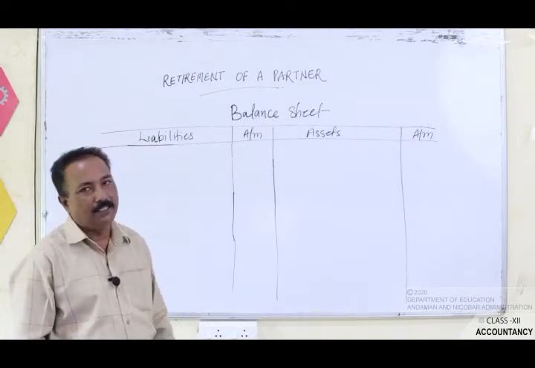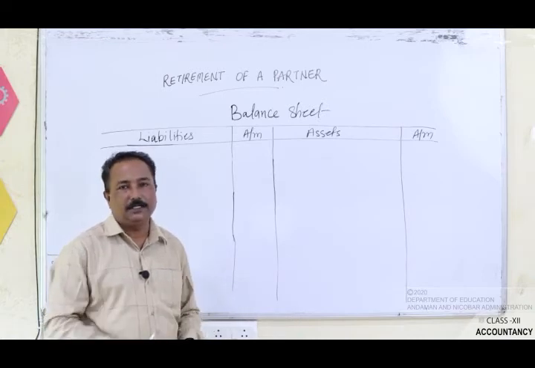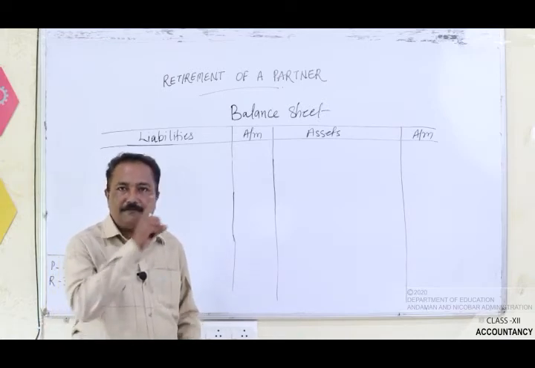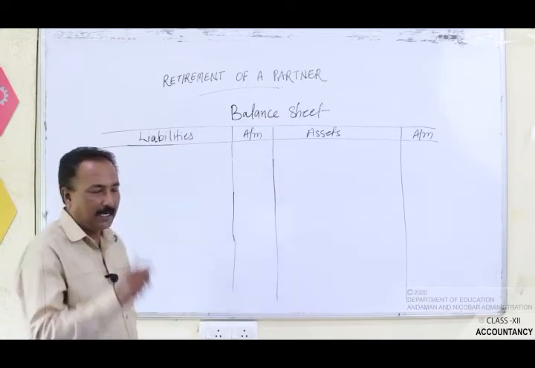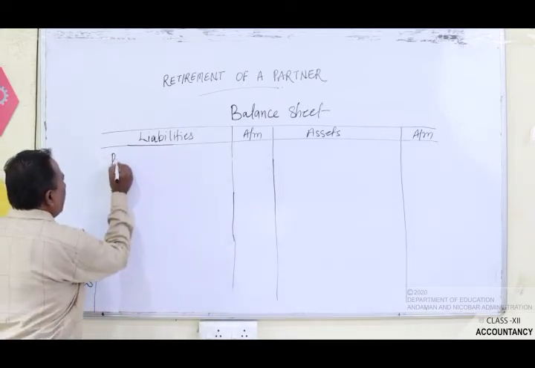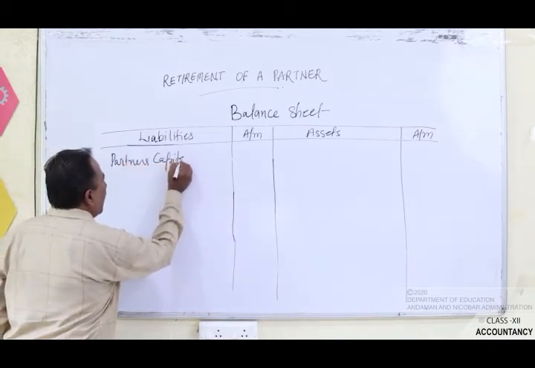Now, students, we will see how the items will find their place in the balance sheet. You know very well that the very first item that has to be shown on the liability side is the capital account. So, we will write here the partner's capital account.